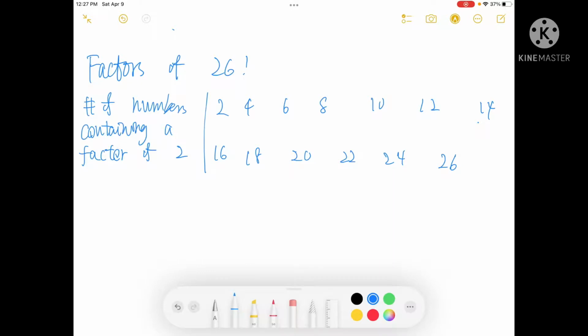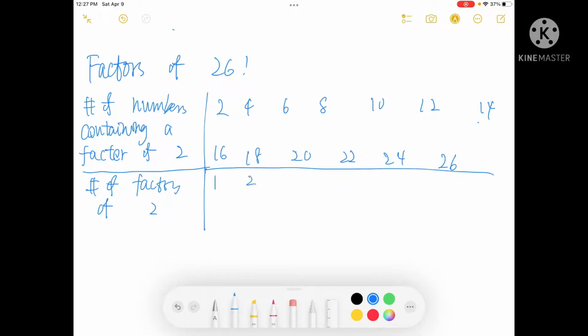We can then find the number of factors of 2 in them. So 2 has 1, 4 has 2 factors of 2, 6 has 1, 8 has 3, 10 has 1, 12 has 2, 14 has 1, 16 has 4, 18 has 1, 20 is a multiple of 4, so it has 2, 22 has 1, 24 has 3, and 26 has 1.